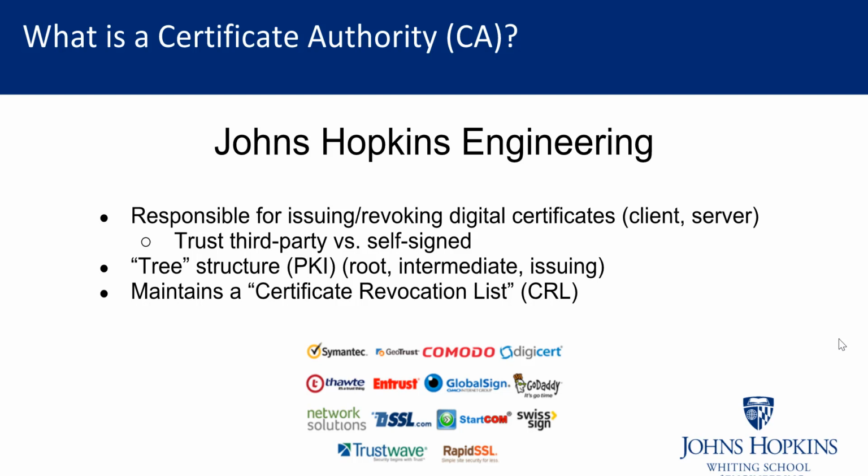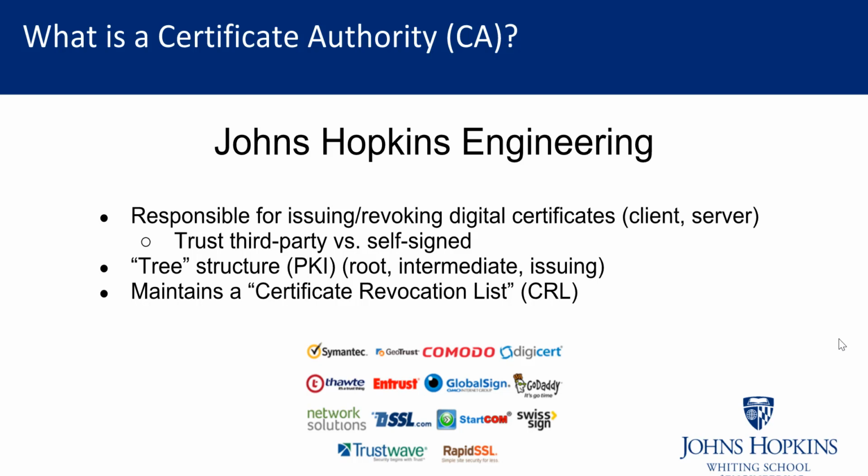Then each of those intermediate certificate authorities may sign certificates for an issuing CA at the lowest level. So you've established this tree of trust. And it's those issuing certificate authorities at the lower level that we communicate with to purchase our third-party trusted certificates.